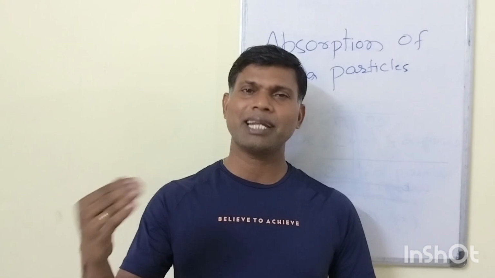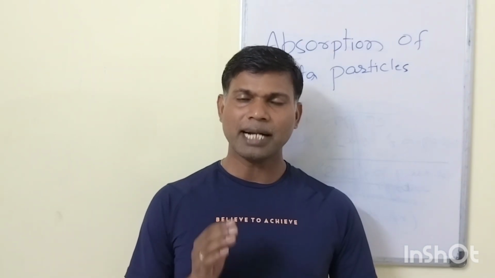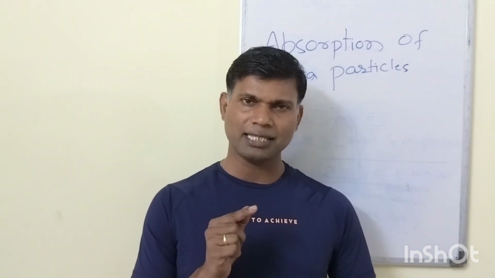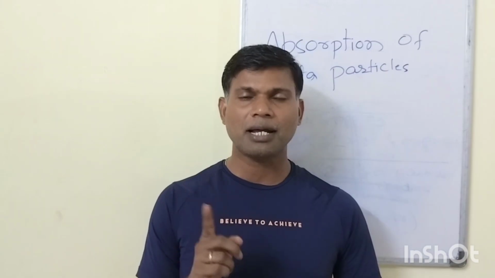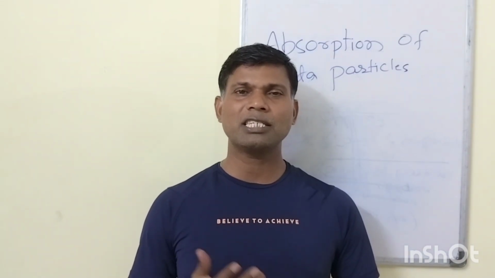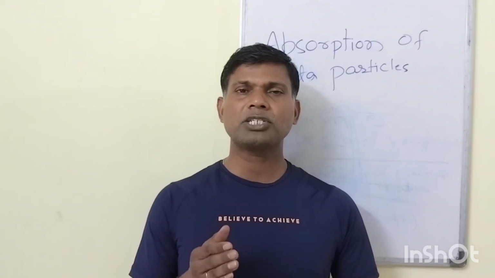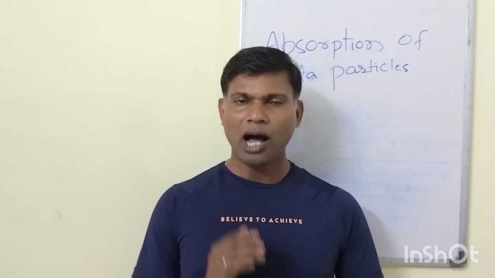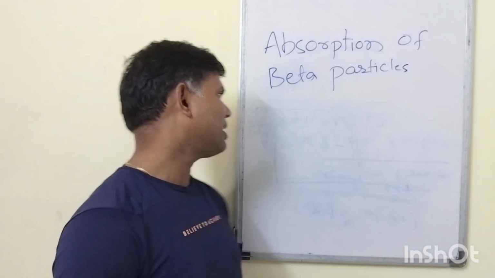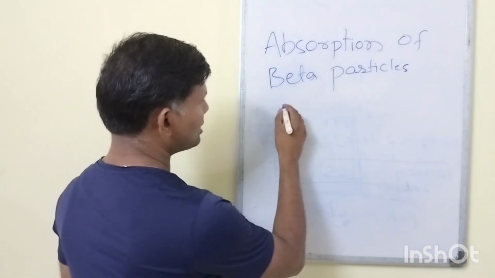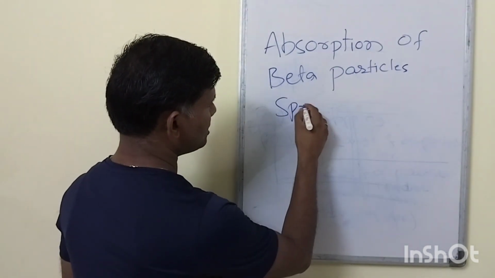They have different energy levels. That is why a beta particle has an energy spectrum. Why? What is the specialty of the beta particle? Why does it have a spectrum of energy? How that spectrum looks, we will draw here: the spectrum of beta particle energy.